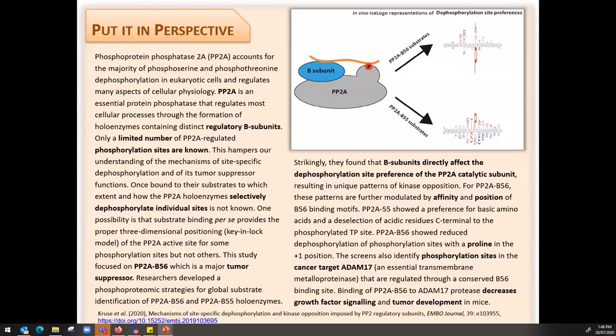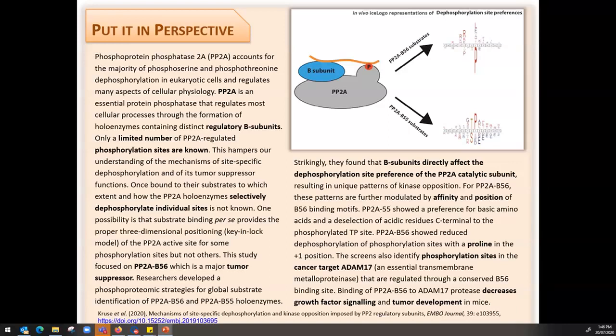Further patterns indicate affinity and position are coordinated by the B56 binding motifs. It was found that specific sites with a proline in position +1 reduce dephosphorylation of phosphorylation sites.